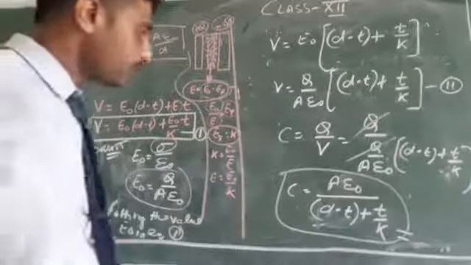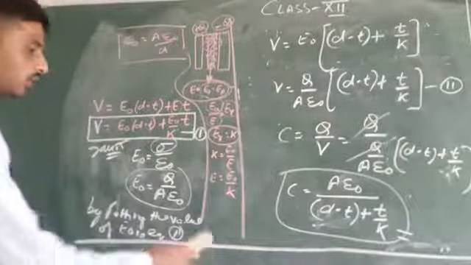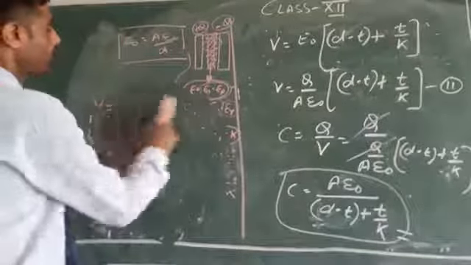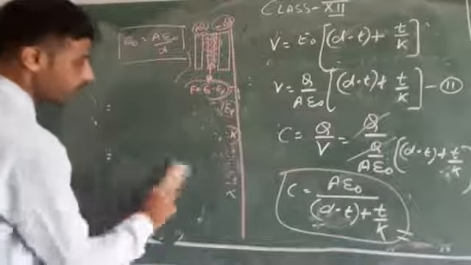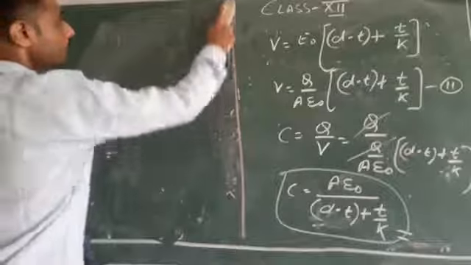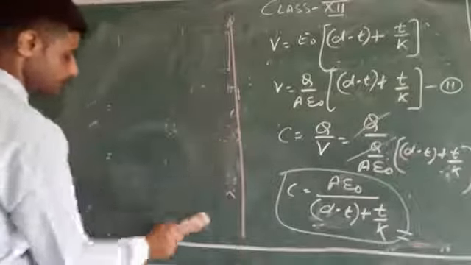Okay, so what is the effect on the capacitance of a parallel plate capacitor if a conducting slab is introduced between the plates?